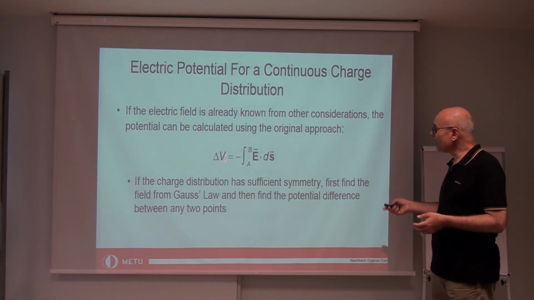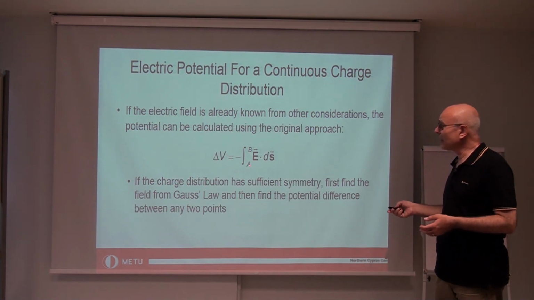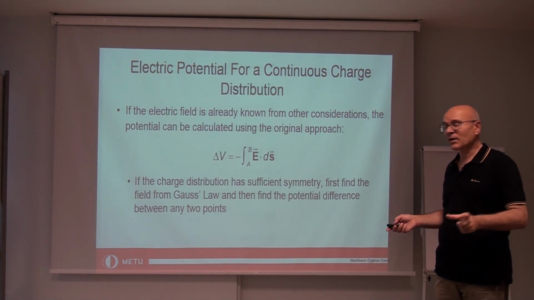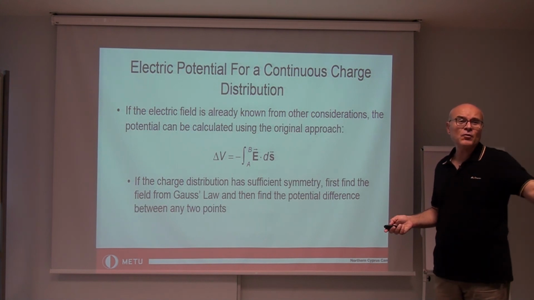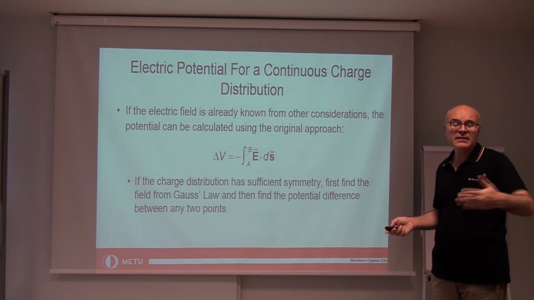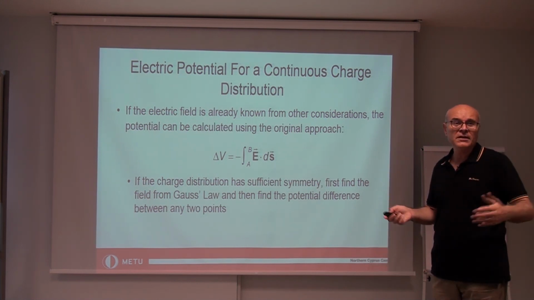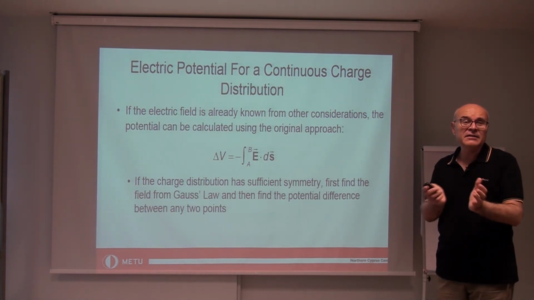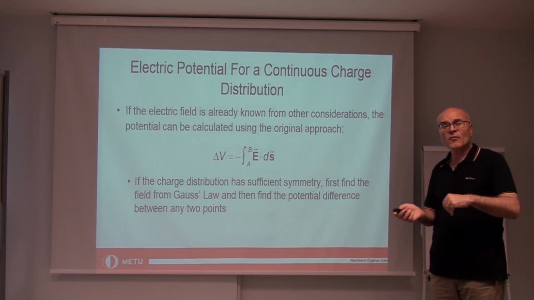So you can apply this relation to find the potential difference between two points in space. And then you set the potential to be 0 at one of these points, and take the other point to be a general point. And so in this case you would be finding the potential in some region in space from the knowledge of the electric field.